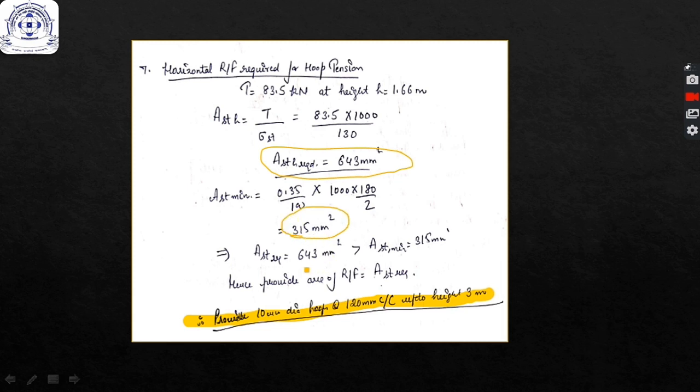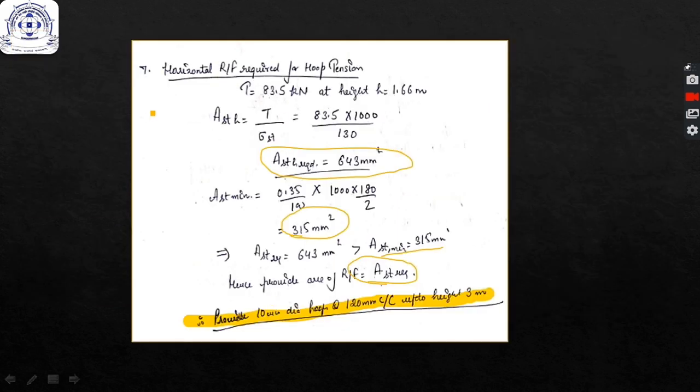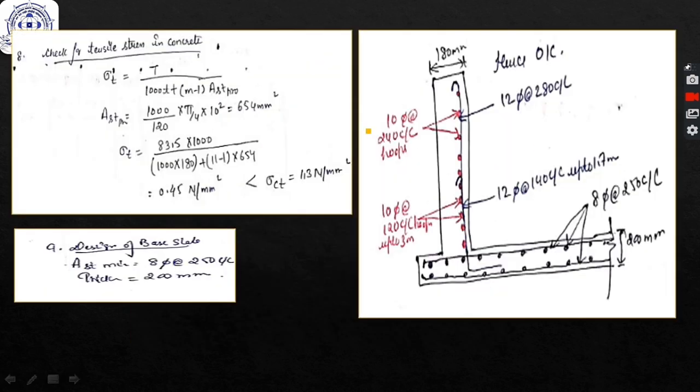Now Ast required is 643, and minimum Ast is 315, so we provide area of reinforcement equal to area required, since the minimum area of steel is less than required. So we assume the diameter of bars and provide this much reinforcement here. So this is the horizontal reinforcement.